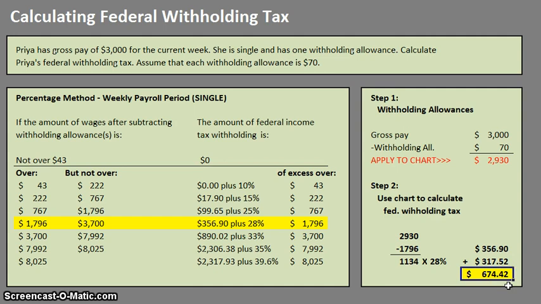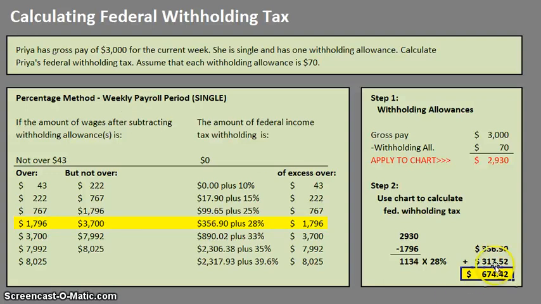She is going to have to pay $674.42. And when I say pay, at this point, she's not going to be paying it. That's kind of a poor choice of words. But what's going to happen is this $674.42 is going to be withheld from her $3,000 gross pay. For those of you who have worked jobs and have waited to the end of the year, in the United States, once we're done, we have to take a closer look at what an individual owes.